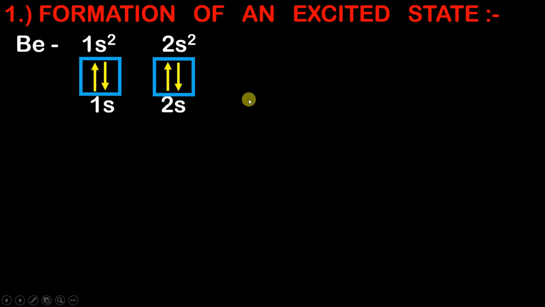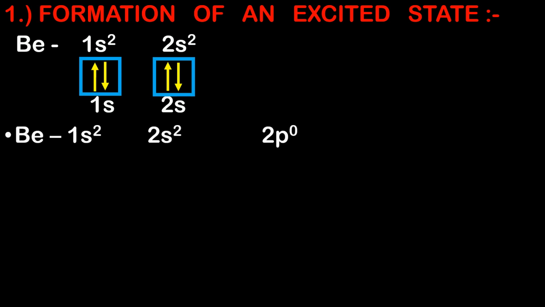So guys, can I write the electronic configuration of beryllium as 1s2, 2s2, 2p0? Am I right? I'm obviously right, because in the second energy level there is an s subshell present as well as a p subshell present.